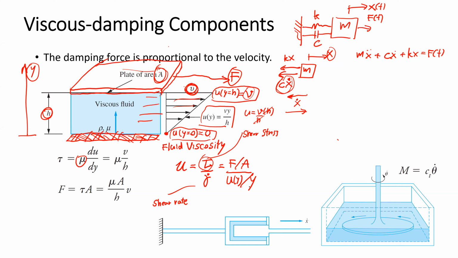The shear rate is constant here because we have a constant slope. Actually, it's equal to the velocity divided by the height of the layer.